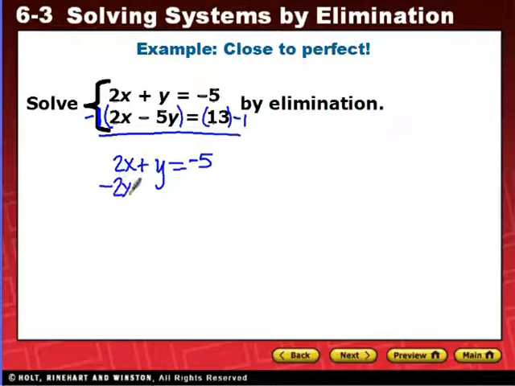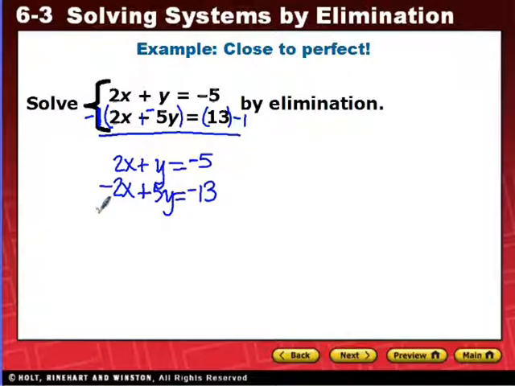Negative 2x, and that was minus, so plus, now negative 5 times negative 1 is positive 5y equals negative 13. Do you see how the signs on every single term changed? So the shortcut way would be just to write the negative in front of the 2x, the negative in front of the 5, or negative of negative would become positive 5y, and then a negative sign in front of the 13. So it's fine to just adjust the original problem.